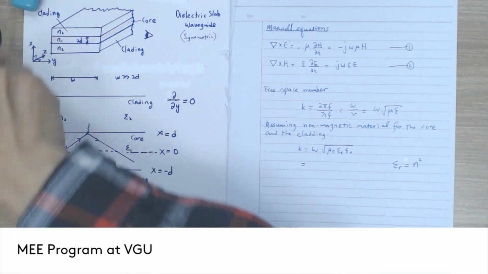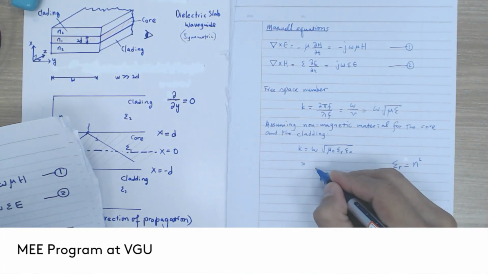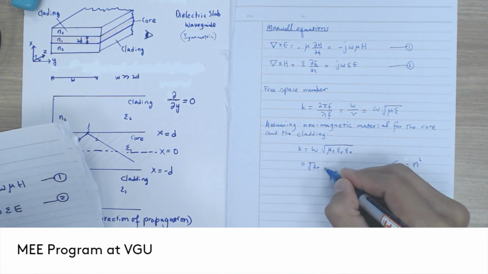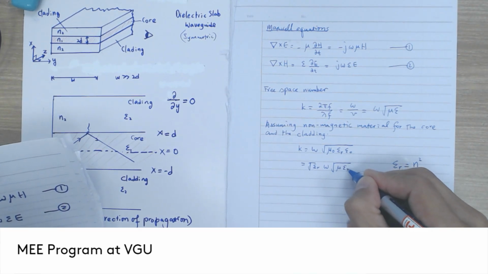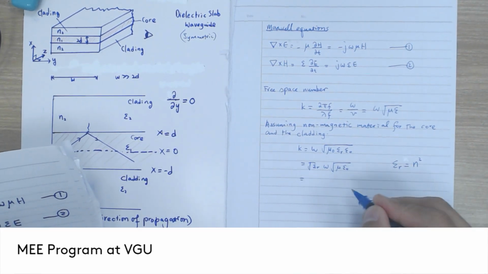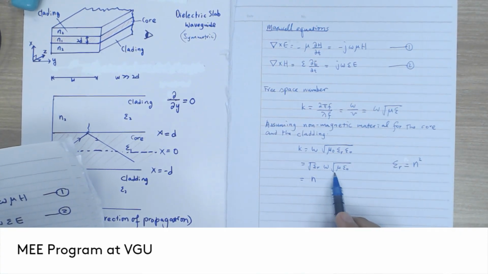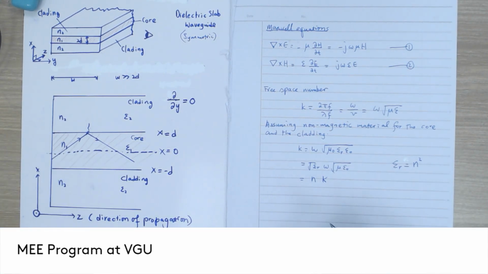So in this case, we can rewrite this, and clearly you can replace this with n, and this is k. So I hope this is clear enough.